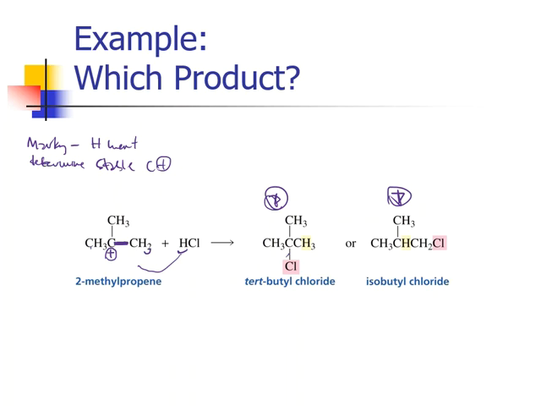When that carbocation gets formed, this negative chlorine is, of course, going to go onto that carbocation, and that's what you're going to see here. So therefore, the tert butyl chloride is going to be the most stable product out of those two choices that we've been presented with. It's all because Markovnikov rule was followed, a more stable carbocation was generated.